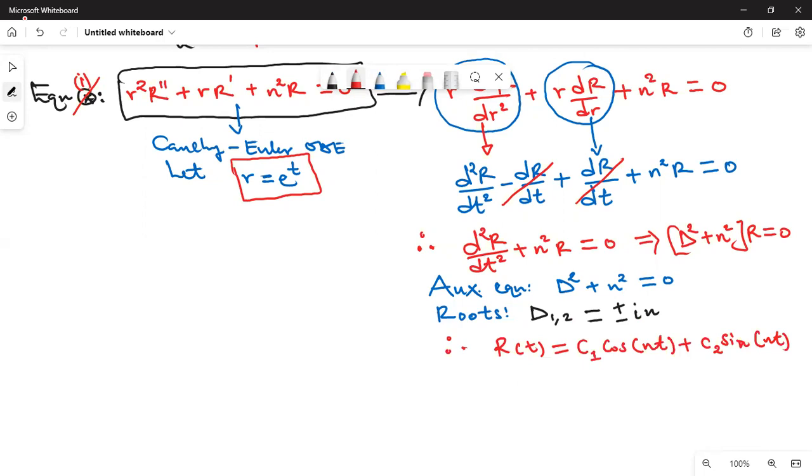If we treat the roots as real and distinct, this solution can also be written another way.